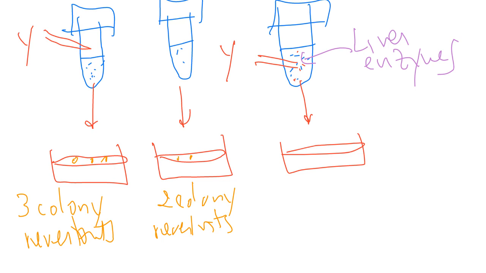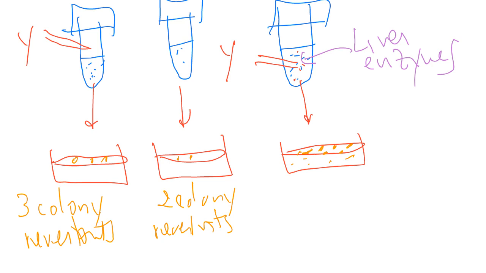I'm sorry. Yeah, poor little rats. Yes, that's the easiest way to do it. Just blend the liver. I mean, maybe nowadays you can actually buy already blended liver enzymes and just add it. But in my time, you actually had to sacrifice the rat and blend the liver. So, in the name of science, I guess.